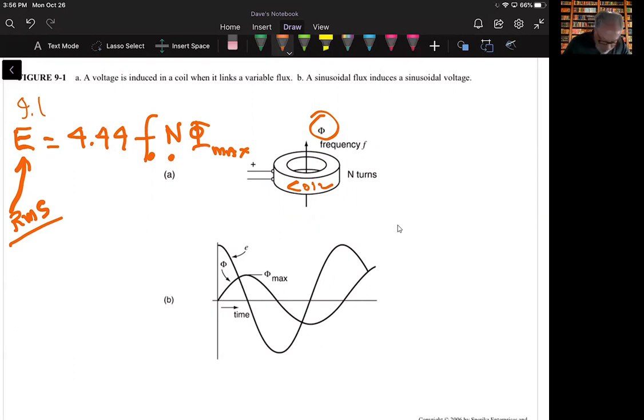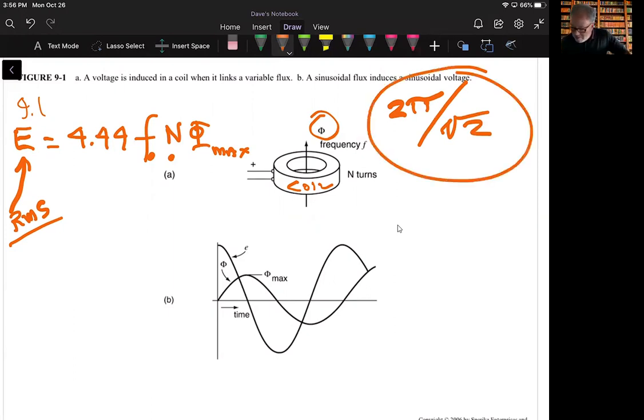It actually is 2 pi divided by the square root of 2. We could get there pretty easily, but we don't have to. It's just a short skinny on it: a way that we deal with an effective voltage, given the relationship with the square root of 2 and so forth.